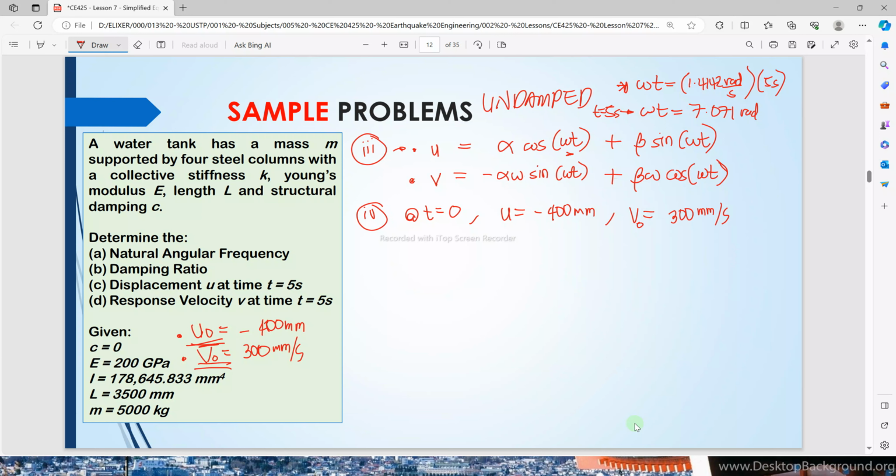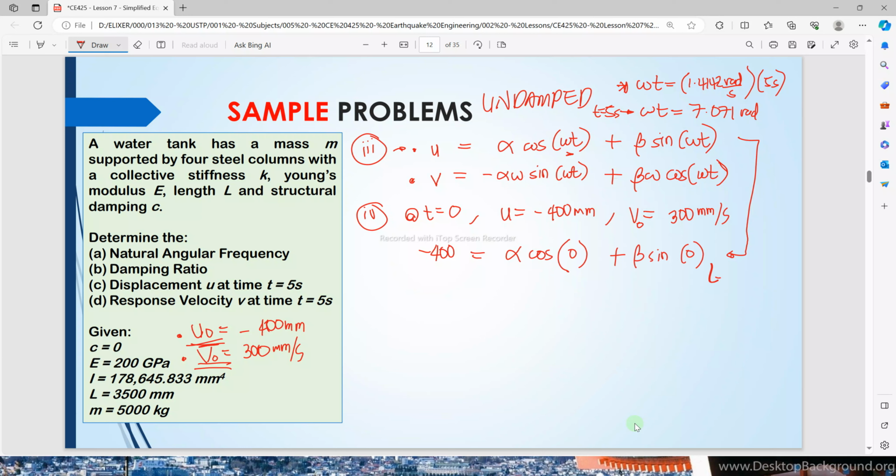So at this time, u becomes negative 400, which is equal to alpha cosine of omega t, which is 0, plus beta sine 0.